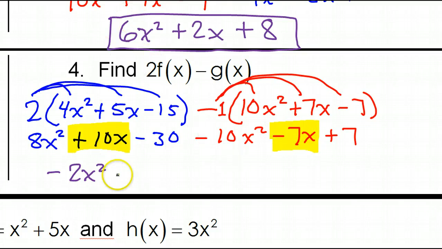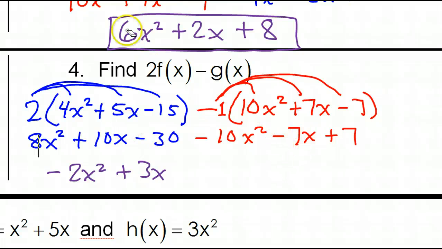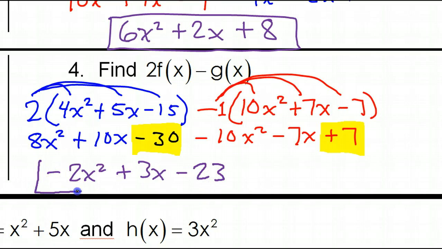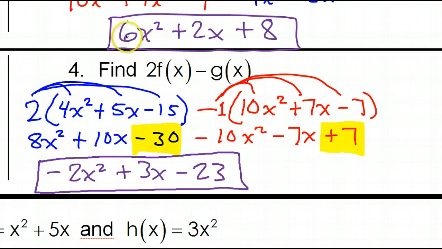Together, that will be positive 3x. And finally, we have negative 30 and a positive 7. So that's going to be negative 23. Alright, so that is our final answer for number 4.